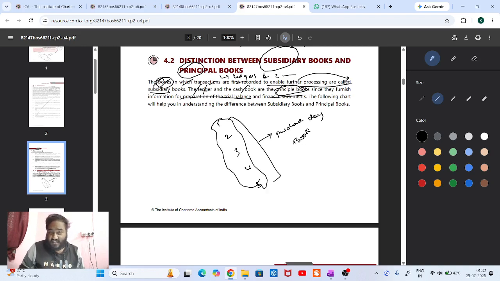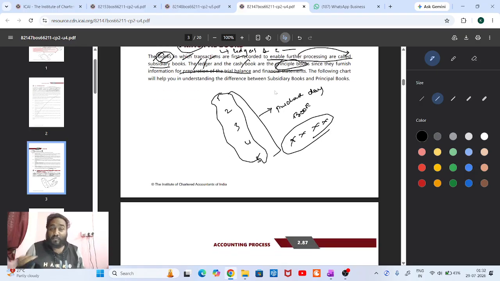No. Investors are mostly keen about the ultimate balance that is lying, so that they can better analyze whether the company they are investing in is repaying properly or not, repaying to me, since I am the seller and you are the purchaser.